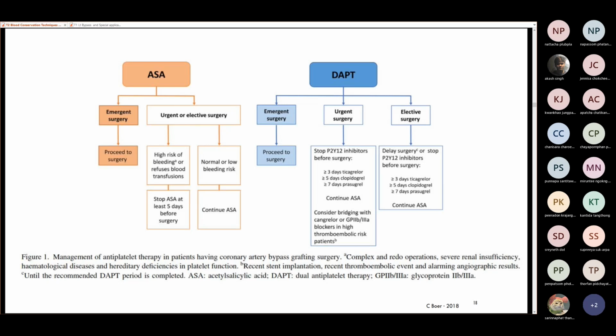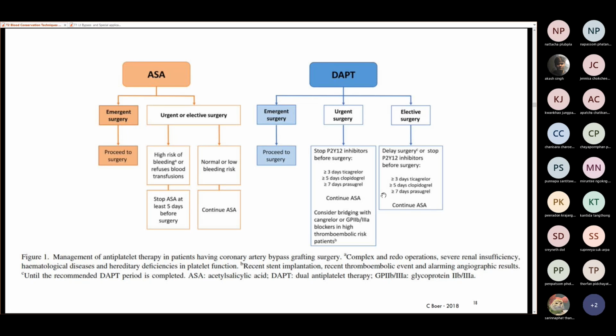This diagram is just an example to show you aspirin or a drug, and also DAPT, which is dual antiplatelet therapy used for some people who suffer from cardiovascular disease.